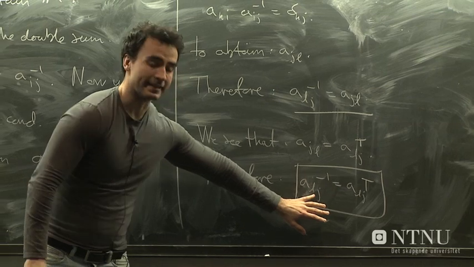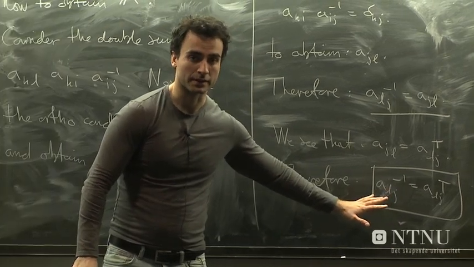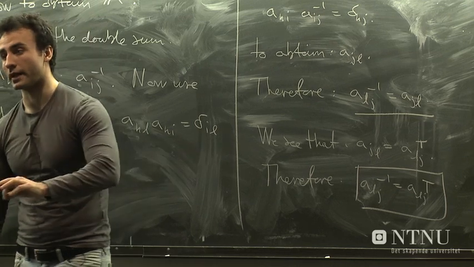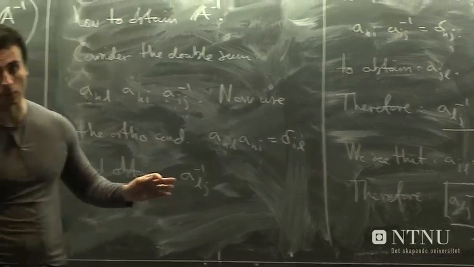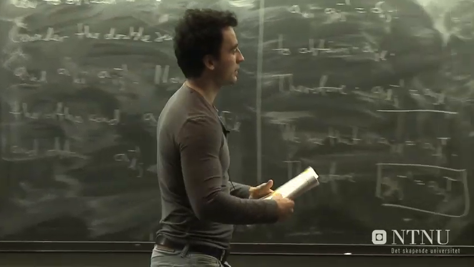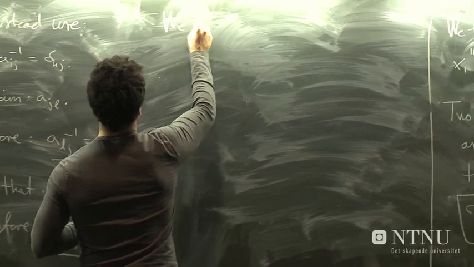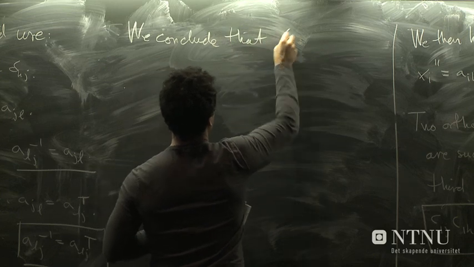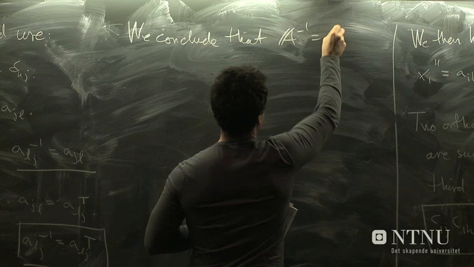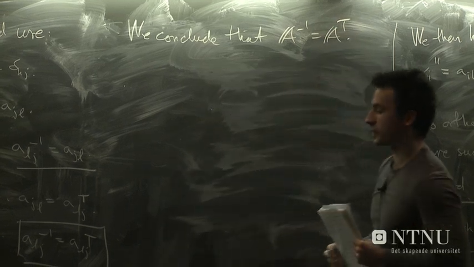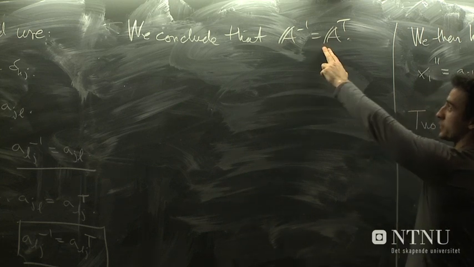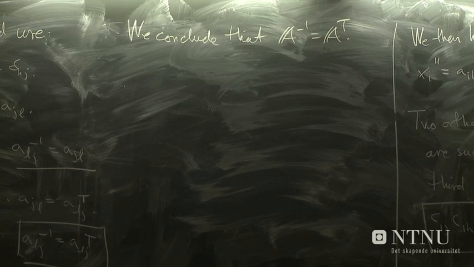So we see that the ljth element of the inverse matrix of A is equal to the ljth element of the transpose matrix of A. And since this relation holds for each element, we can actually conclude that the inverse matrix A inverse is identically equal to the transpose matrix A.